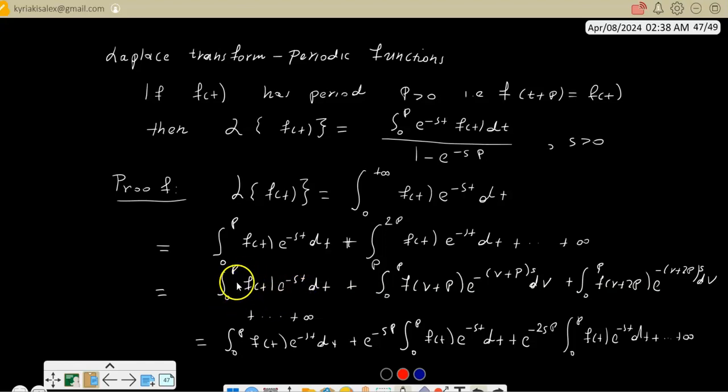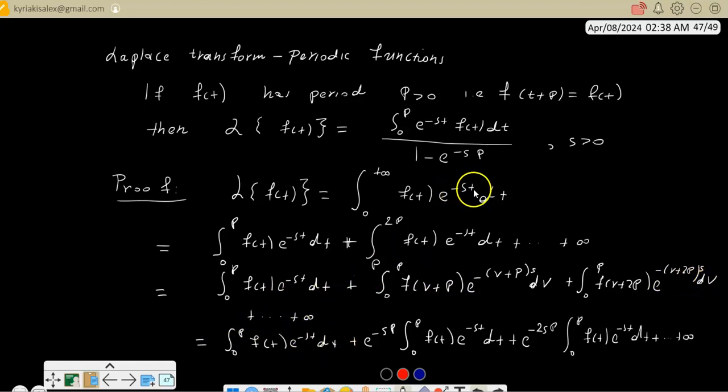Then we switch variables. We keep the first integral from 0 to p, and then the second one. In order to get the bounds of integration from 0 to p, I just substitute t equals v plus p. And here from 0 to p, f of v plus 2p e to the minus s times v plus 2p dv.